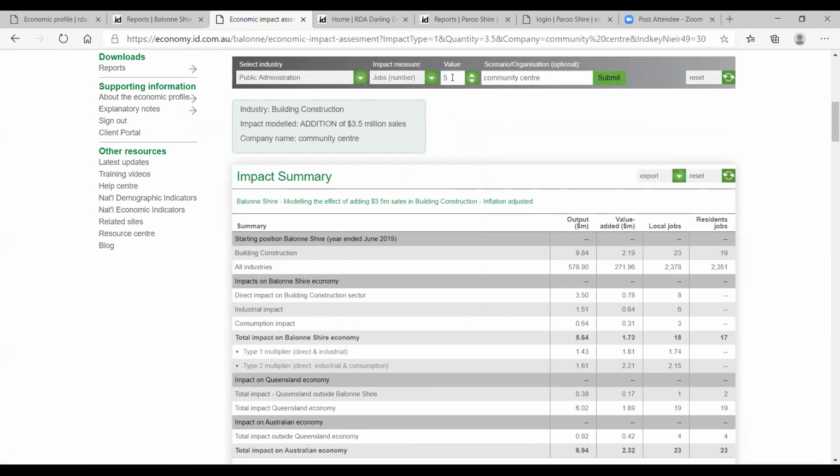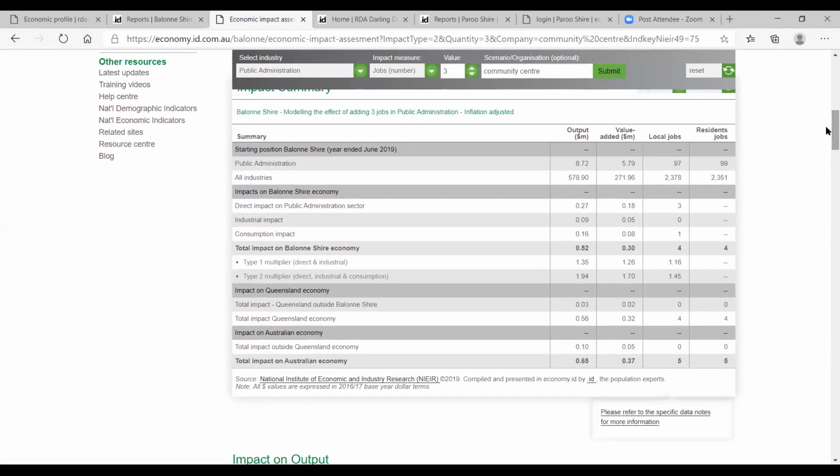So we put jobs 3, is it? Yeah, real example again. So we put public administration. The reason I put public administration is that they might be council staff, maybe library staff or whatever it might be. So I put public administration, community centre. I clicked that through the model, and this is my operational phase of the project.